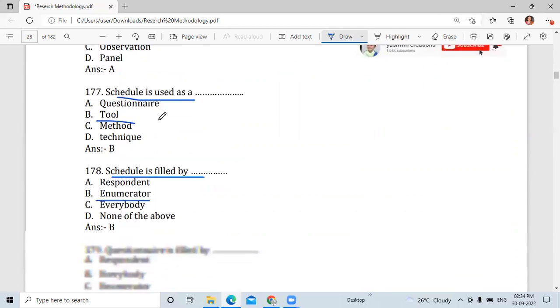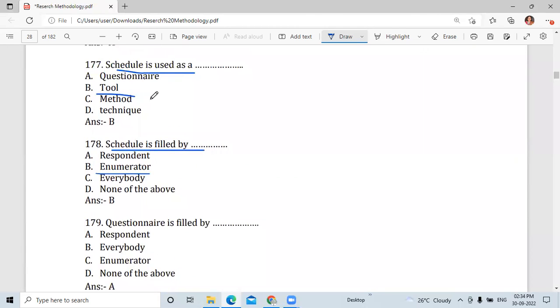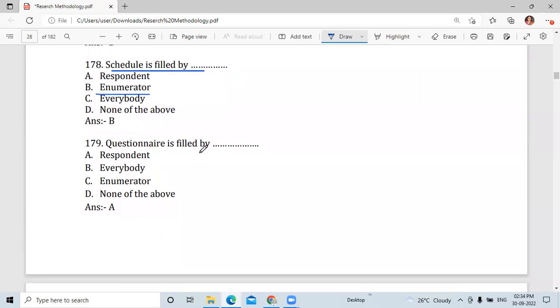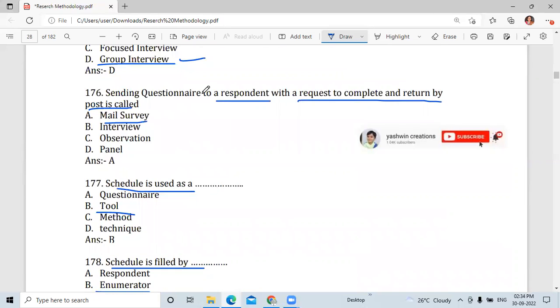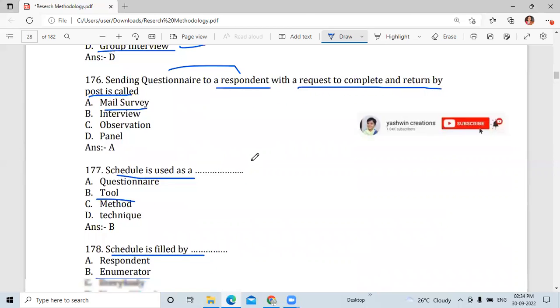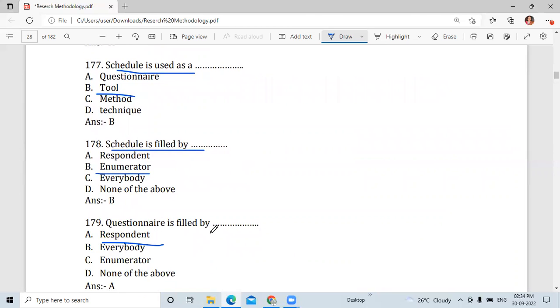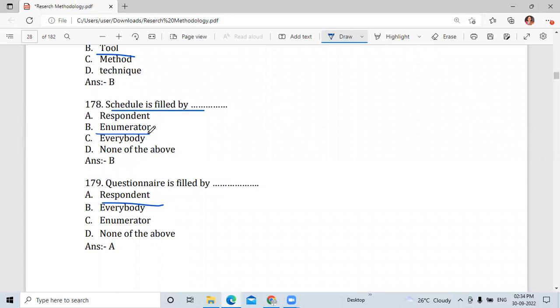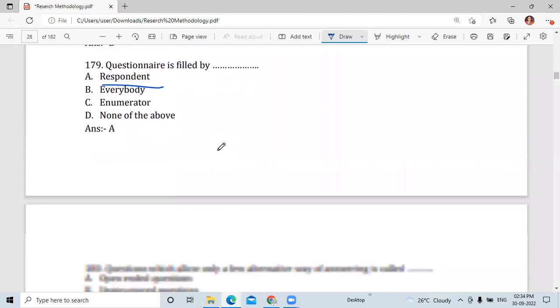Mail survey. Remember, the schedule is used as a tool and is filled by the enumerator. The questionnaire is filled by a respondent. Okay, you can remember it like this.